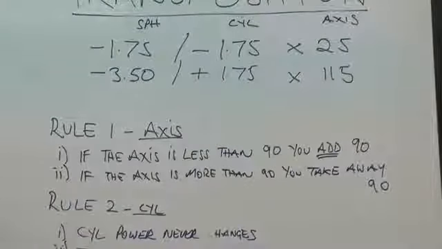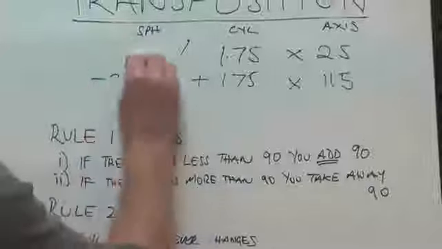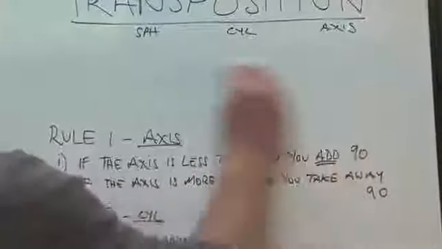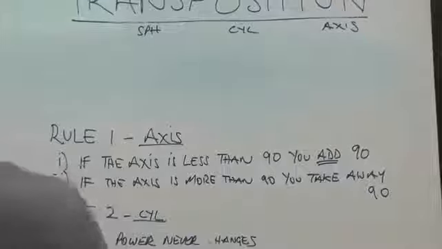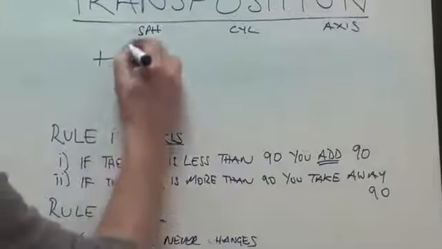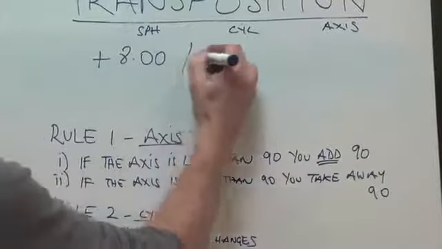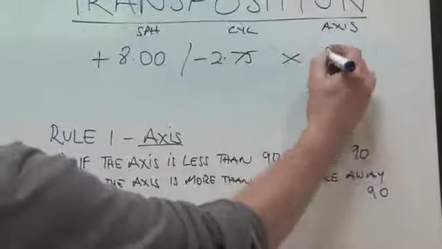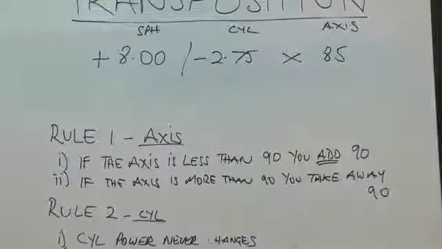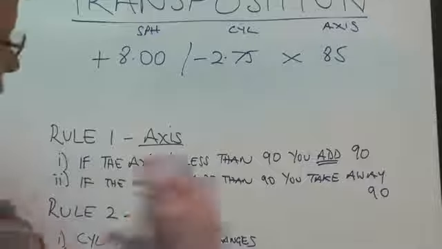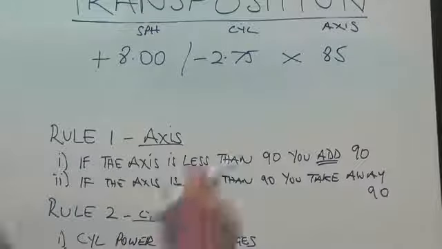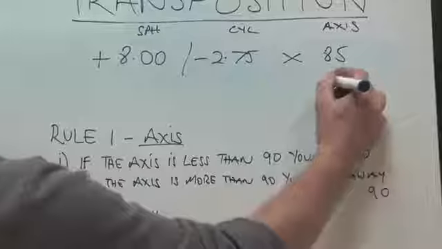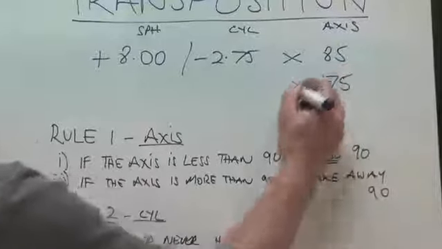Let's try another example. We'll try a plus and a minus. So a plus sphere with a minus cyl. Let's say we've got plus 8 with a minus 2.75, axis 85. Let's transpose that using these same rules as before. The axis is less than 90, so we add 90 to that, so that becomes 175.